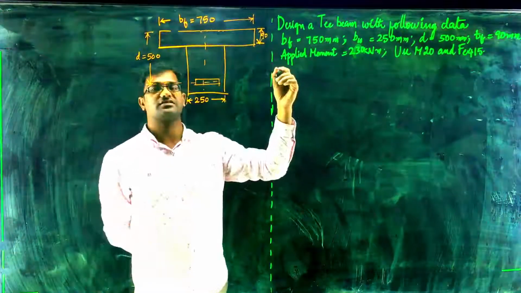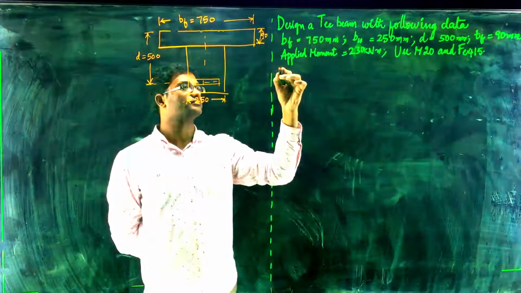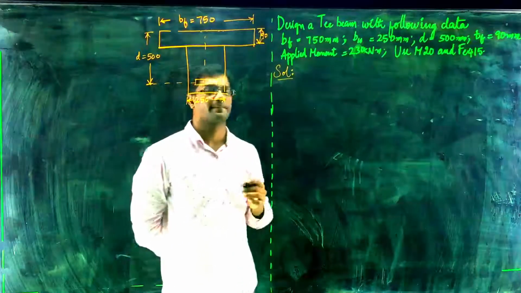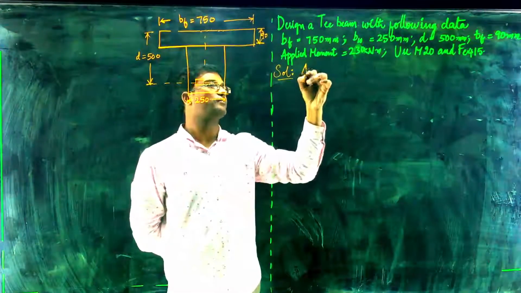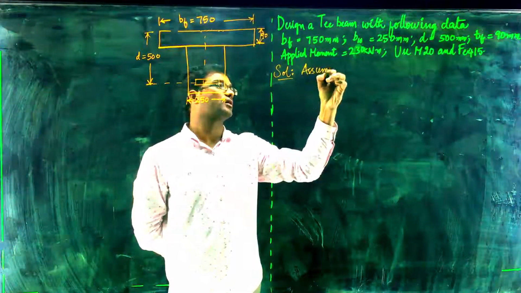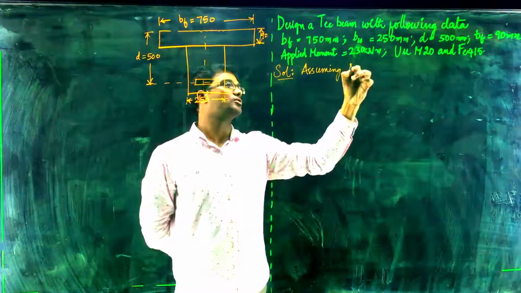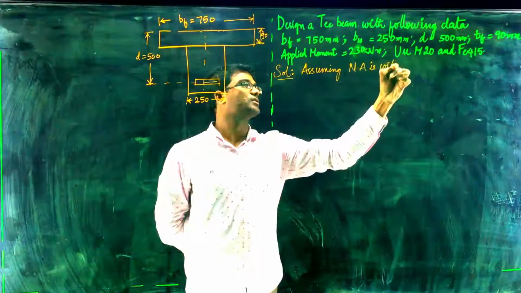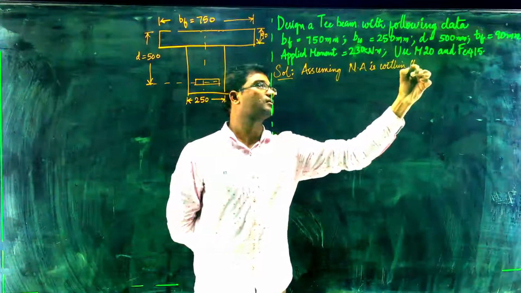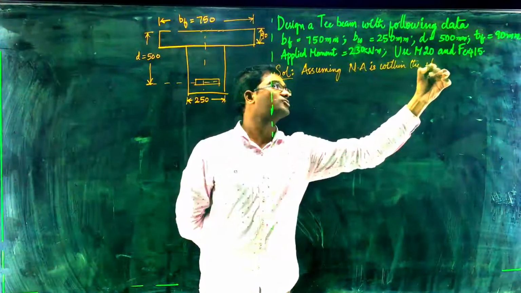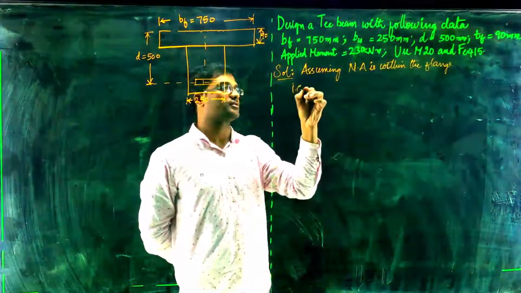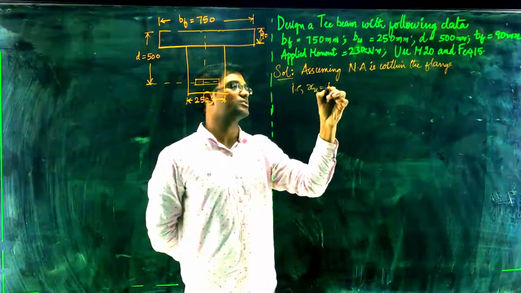So the first step here is, we will assume the neutral axis is within the flange, which means that XU equals DF.